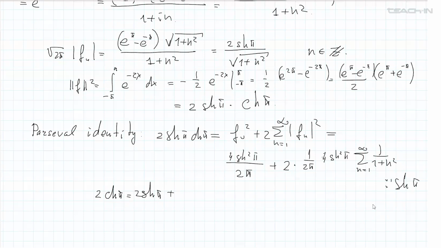No, again, I see, it was correct. The first step was correct. Hyperbolic cosine. Here we have hyperbolic sine, first power. Here we have 2 over 2, and we divide, and we have twice hyperbolic sine over pi. And our series.